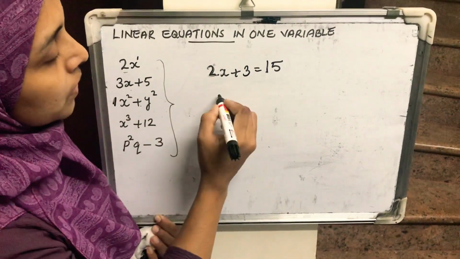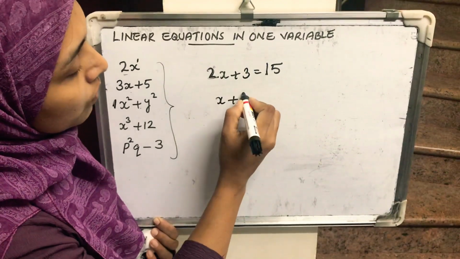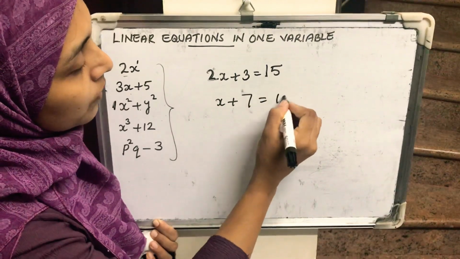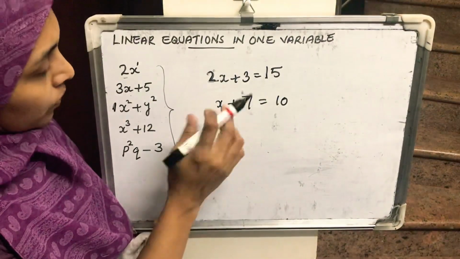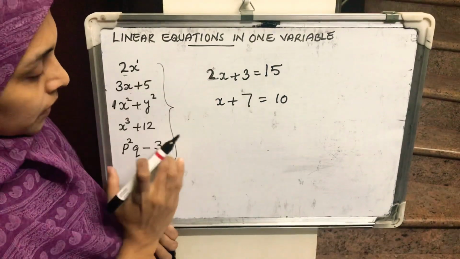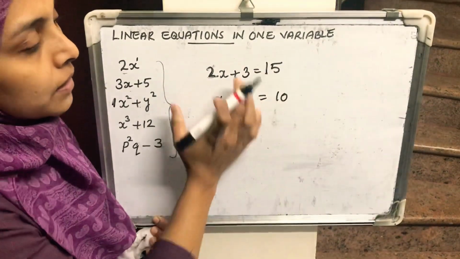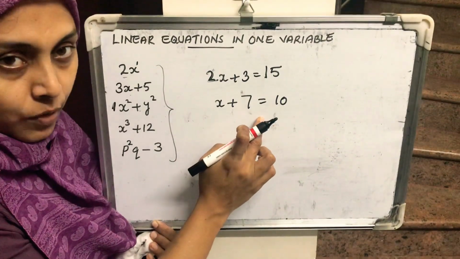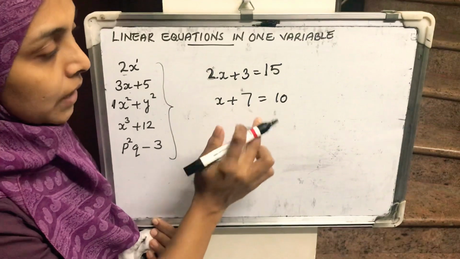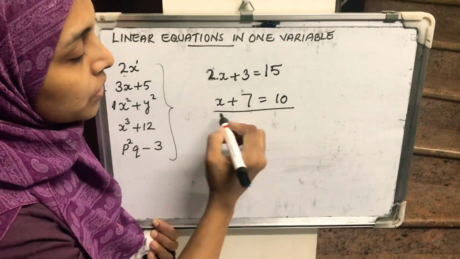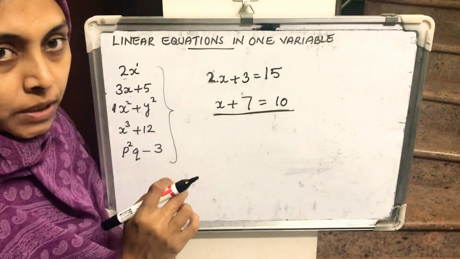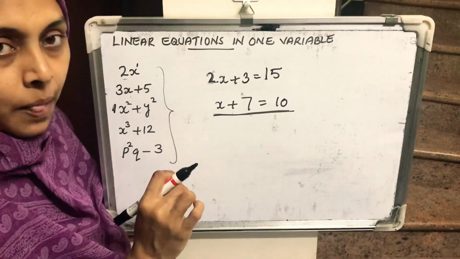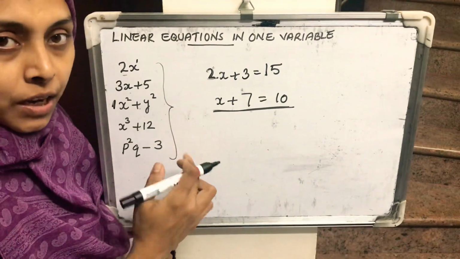Otherwise I write one more expression, x plus 7 equal 10. Can you find any common difference in these expressions? There is one equality sign. Such expressions are called equations. That means if an algebraic expression contains an equality sign, then such expressions are called equations.